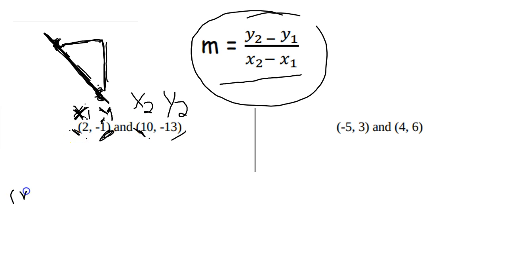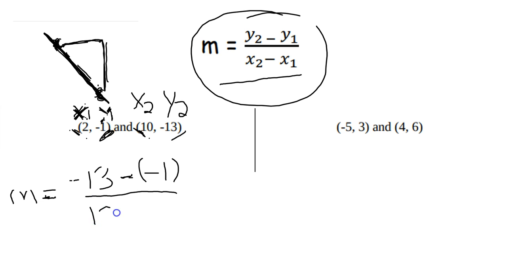So now, to find the slope, I'm going to plug this into my equation. y2 is negative 13, and I'm going to subtract from that y1, which is negative 1. x2 is 10, x1 is 2.